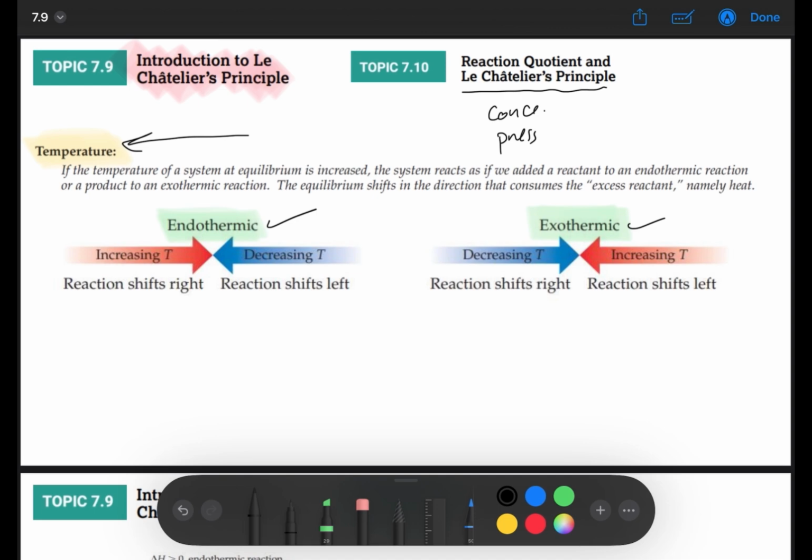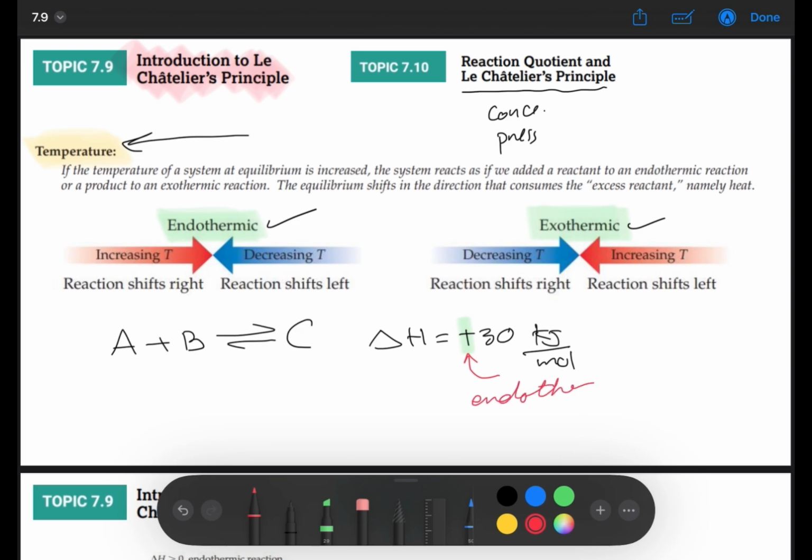I just want to give you an example: if we have the reaction of A plus B in equilibrium with product C, and I tell you that delta H is positive, let's say 30 kilojoules per mole, you have to determine the type of reaction based on the sign of delta H. Since the sign of delta H is positive, this reaction is endothermic.